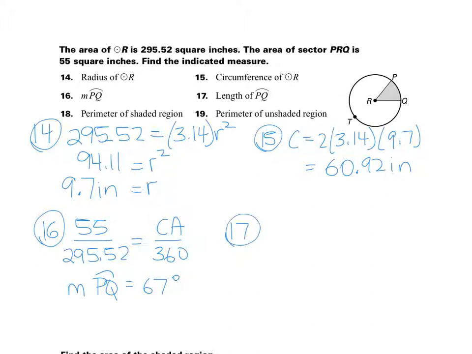To find the length, that's from a prior section. Remember the arc length, so we'll call it arc length, over circumference equals that same ratio of 67 over 360.